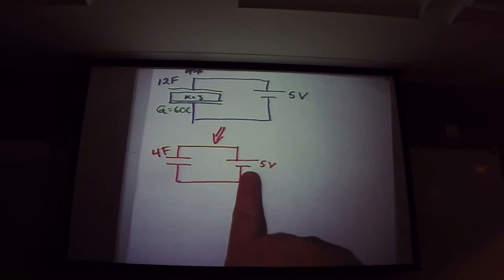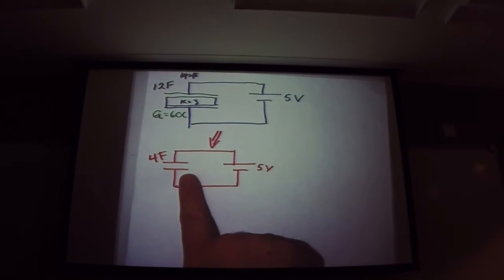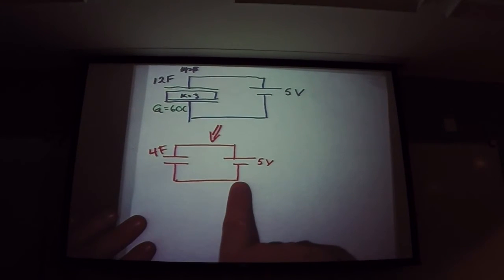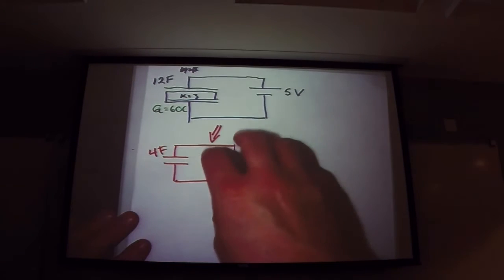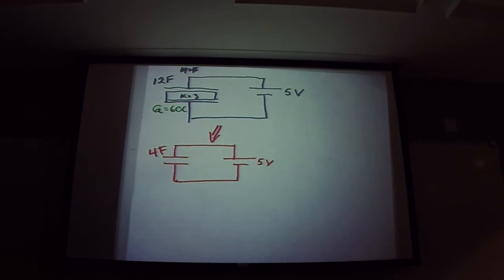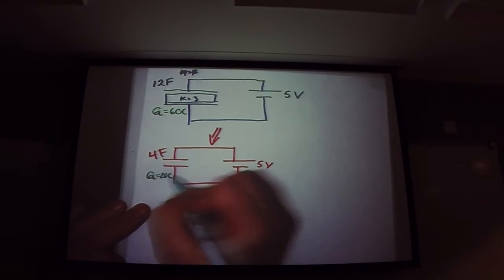The battery forces this to maintain 5 volts. So whether I'm inserting a dielectric or taking it out, if I leave it connected to the battery, that voltage has to be whatever the battery is. The battery will force it. It's a source of charge. So the charge on this would then be only 20 coulombs.